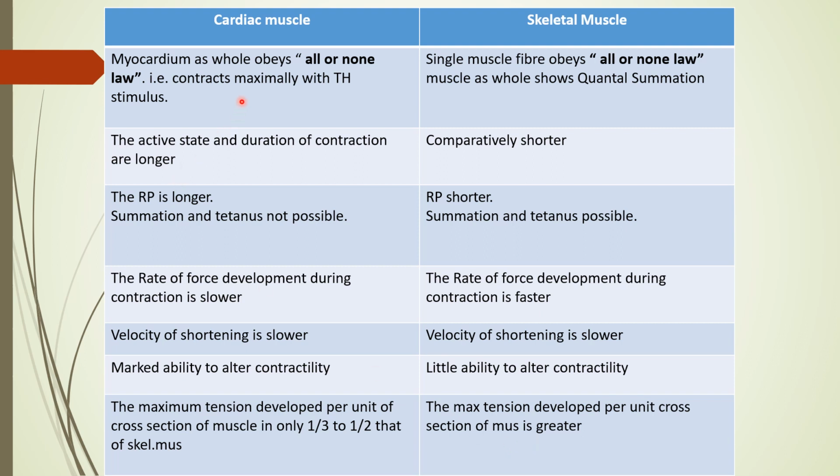Okay, so the first point is very important. The myocardium as a whole obeys the all or none law, whereas in skeletal muscle, the single muscle fiber obeys the all or none law. In the refractory period, here it is longer, here it is shorter. Tetanus not possible, tetanus possible.